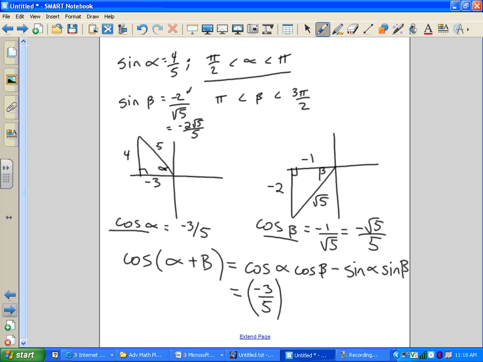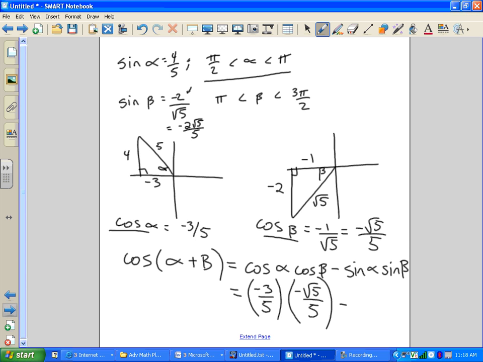All right, cosine of beta. It's 5 over 5. And I'm probably going to do this because it's going to give me a common denominator if I use this one instead. So the rationalized version there.